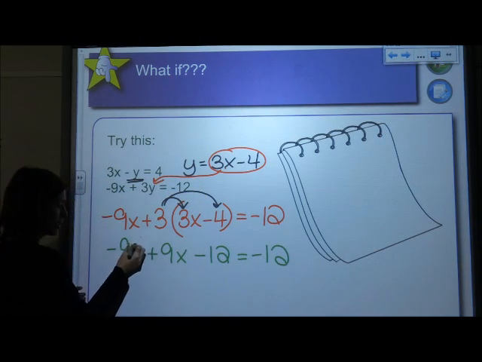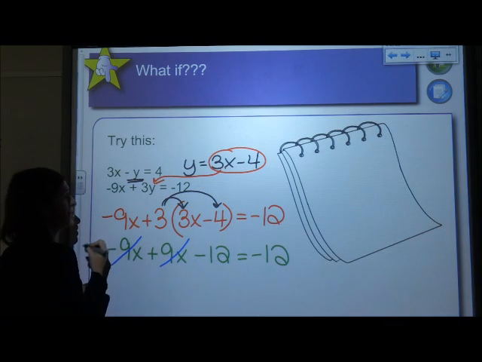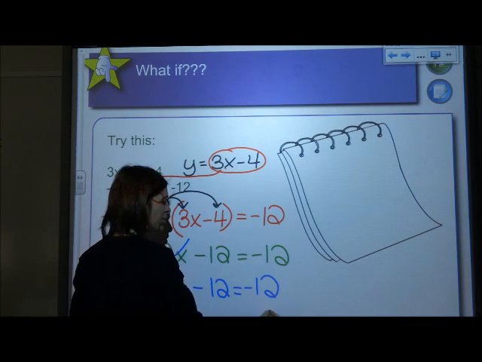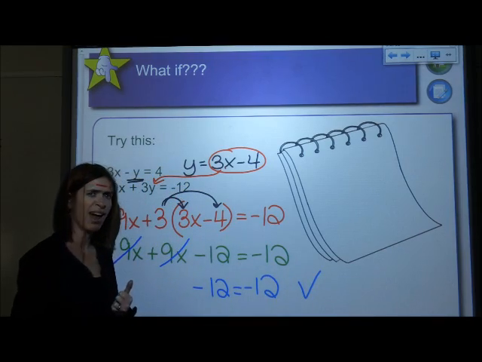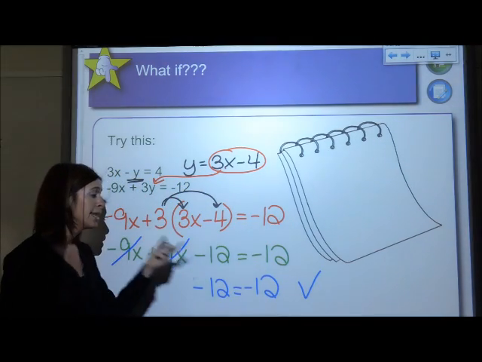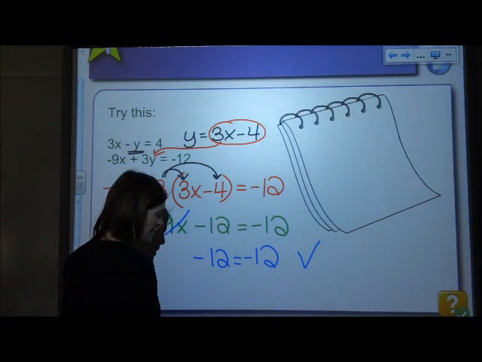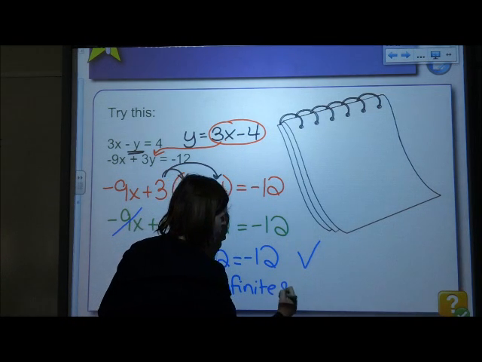Combine the like terms. Again, these cancel, but ho! What's this? Negative 12 equals negative 12. Is that true? It is true. So it's not no solution, is it? This is a situation where this is a true statement, so it means that there are infinite solutions.